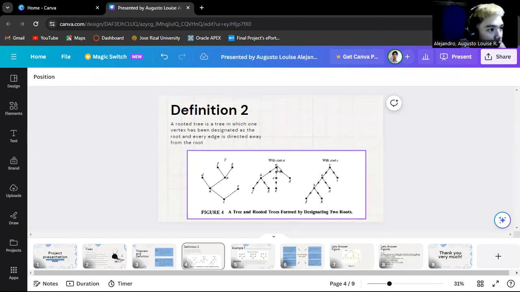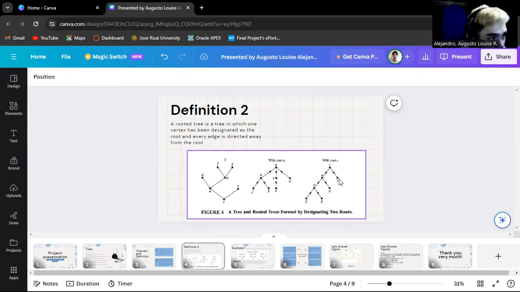And in this one, with root A, you can see A having three children B, C, and D, where B has two children F and G, and C has a child E. With root C, it has two children, on the left side and the right side.